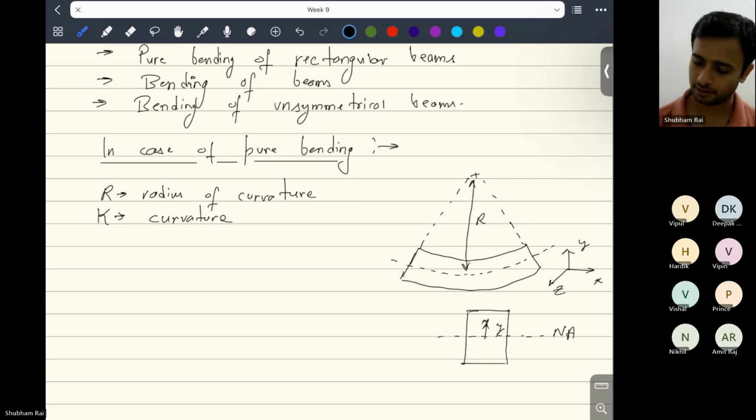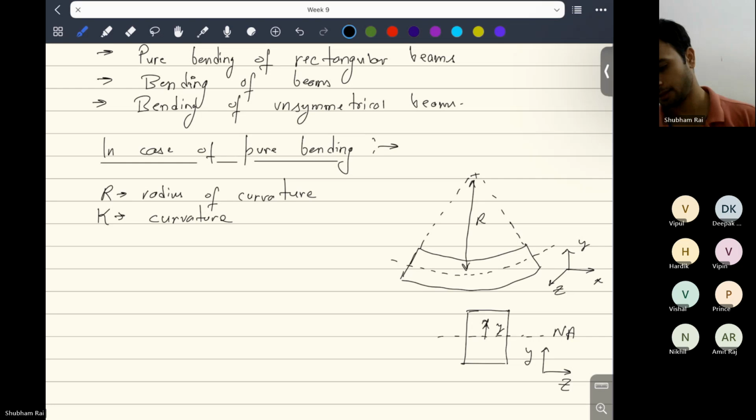And this cross section here, can you tell me in which plane this cross section will be? So this cross section will be in YZ plane, right? Because you are looking along the x-axis. So you will see this cross section.